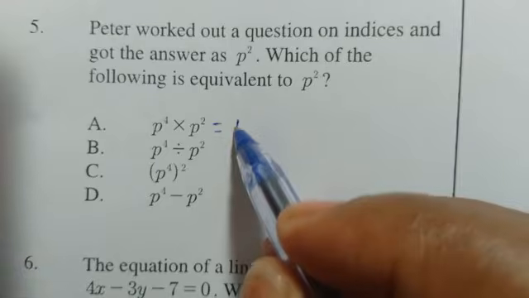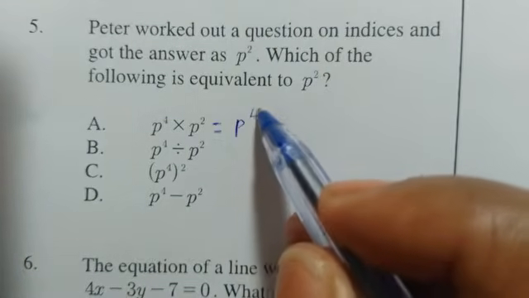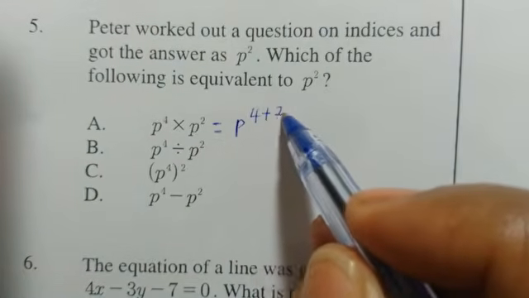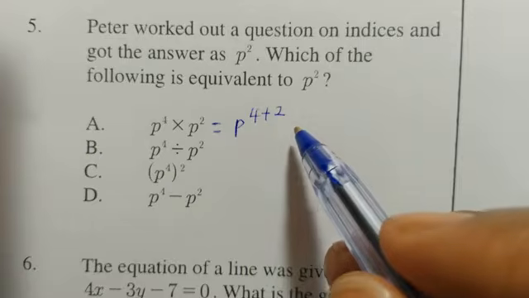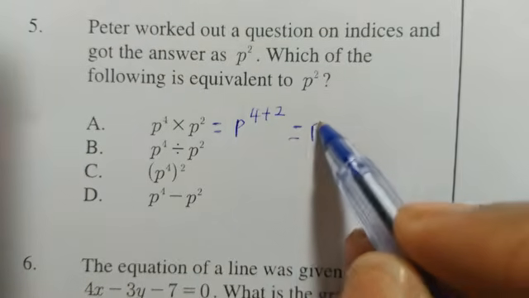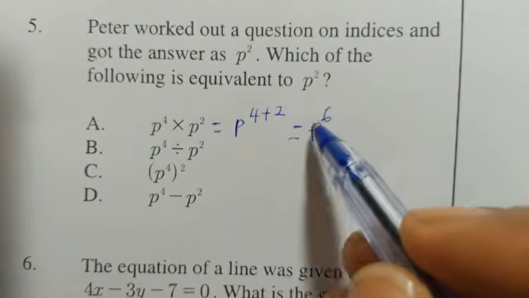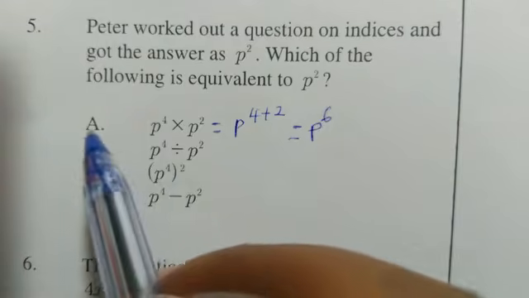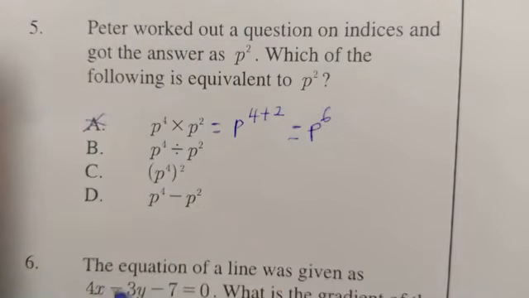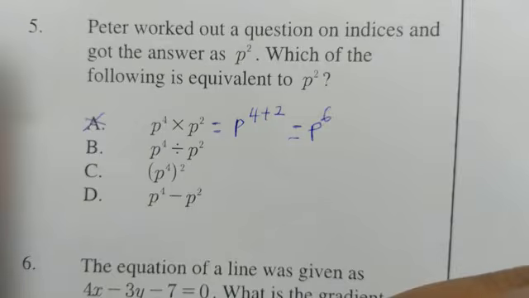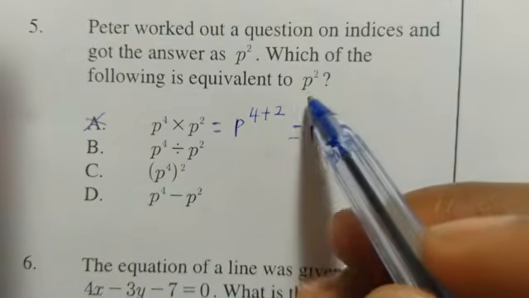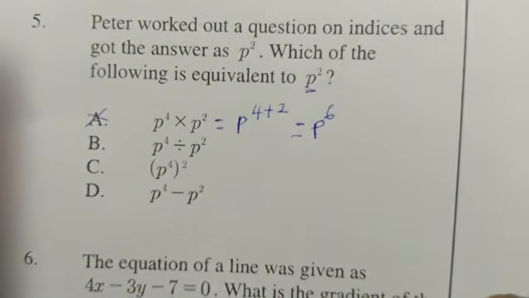So this will be p power 4 plus 2, and this is giving us p power 6. So we eliminate choice A. Choice A cannot be the answer, because we are looking for p power 2.